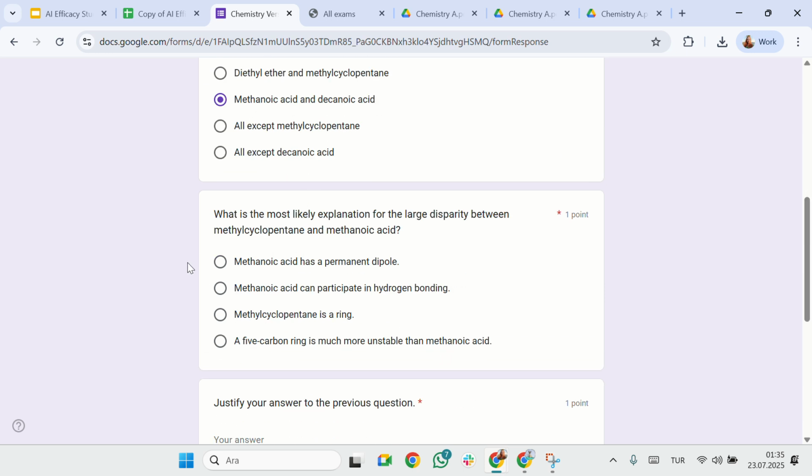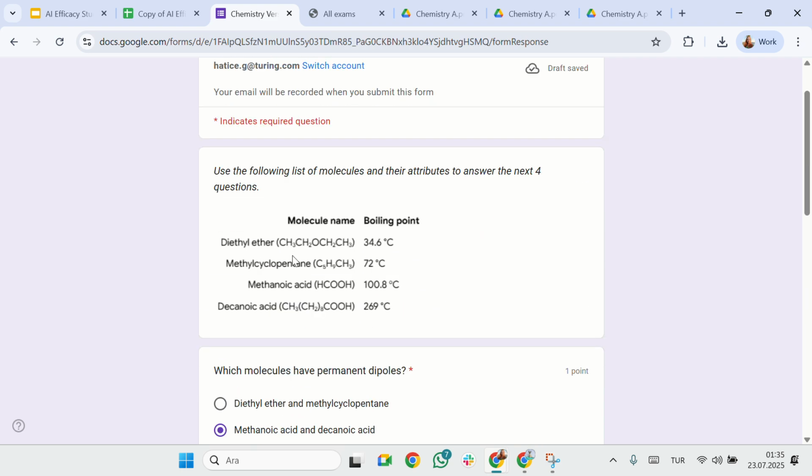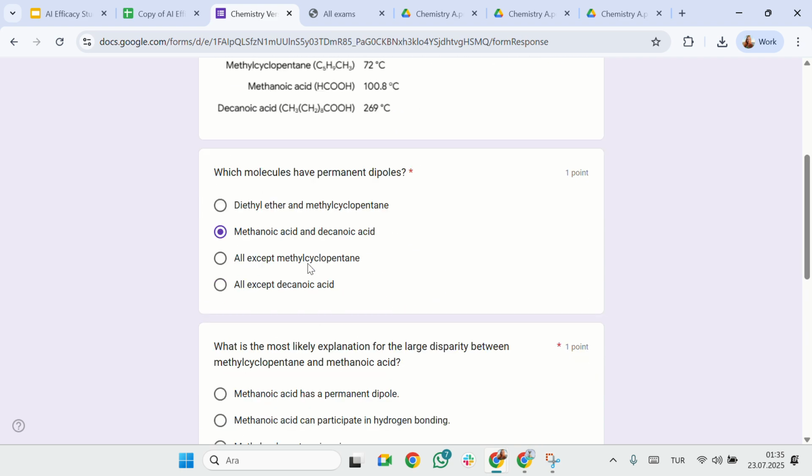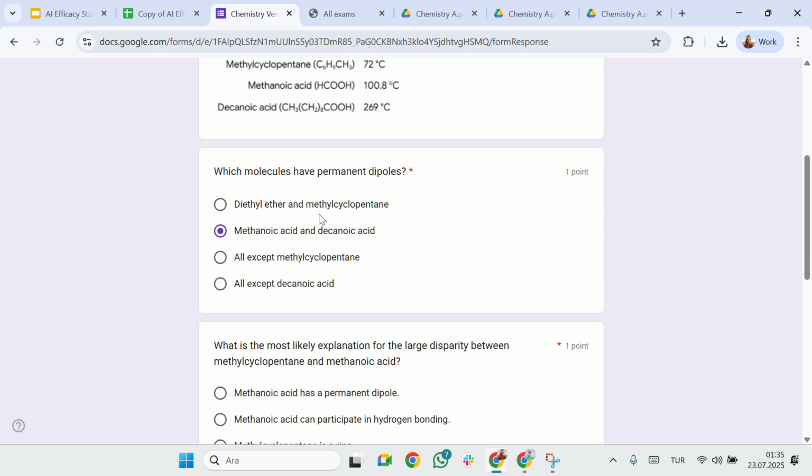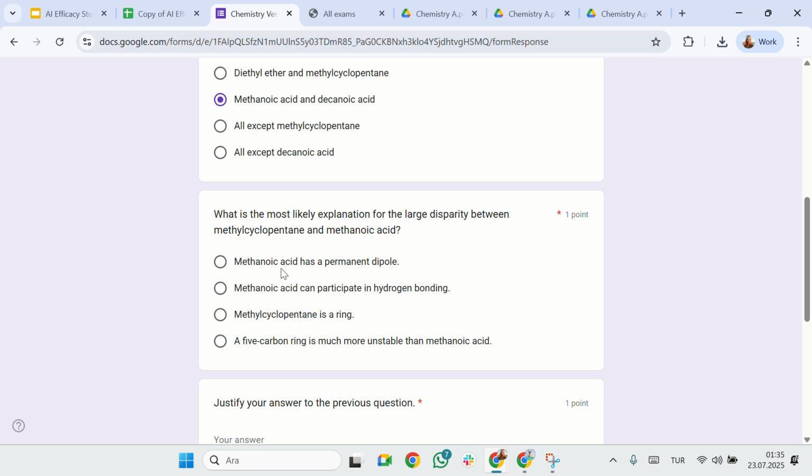Okay, let's say this. What is the most likely explanation for the large disparity between methylcyclopentane and methanoic acid? Disparity. Um, one is acid. Methanoic acid has a permanent dipole.